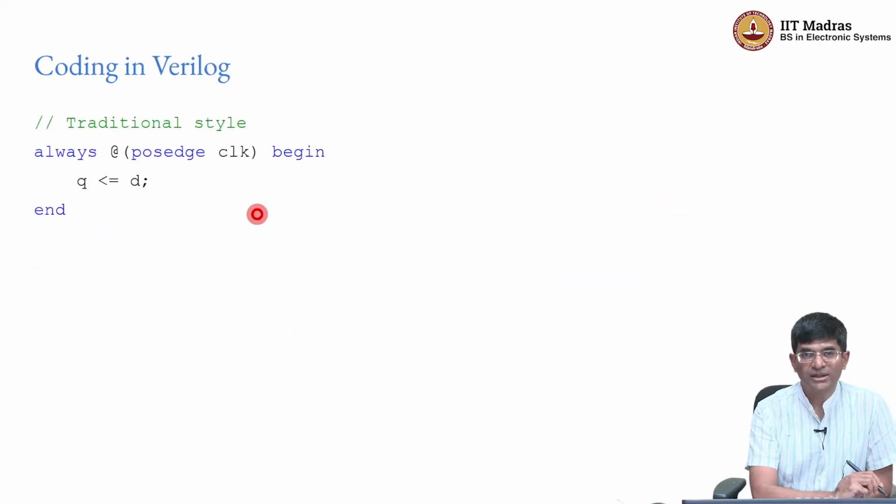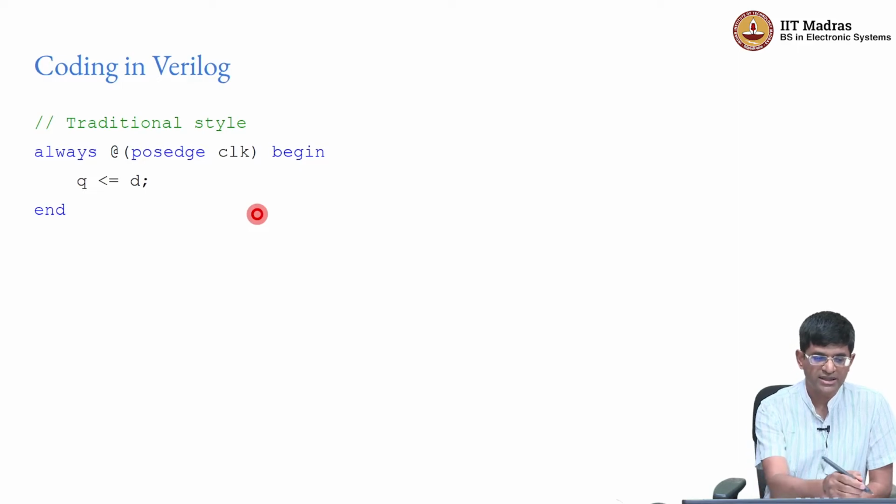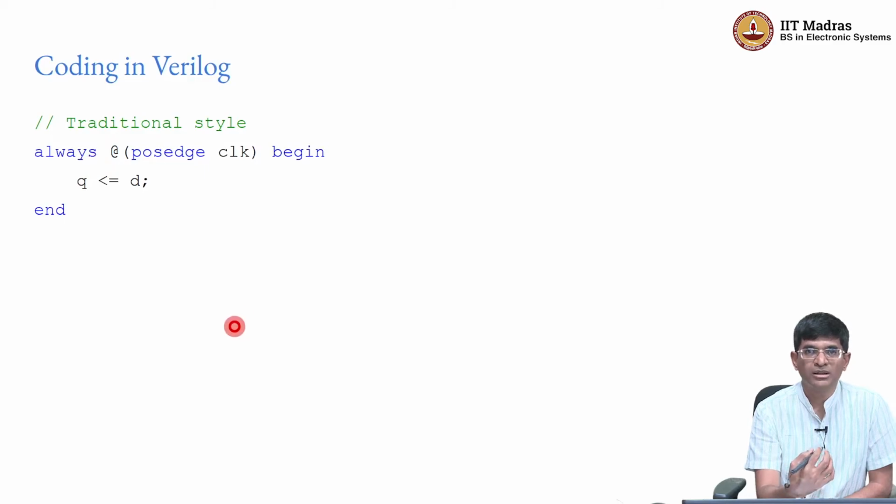Alright, so how would we write code in Verilog to implement something like a flip-flop? This is what I would call the traditional style of coding. Essentially there is an always block. You already know what an always block is. It is a behavioral, or procedural, way of describing the behavior of the circuit. Why do I call it procedural?